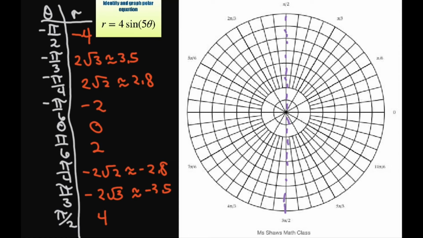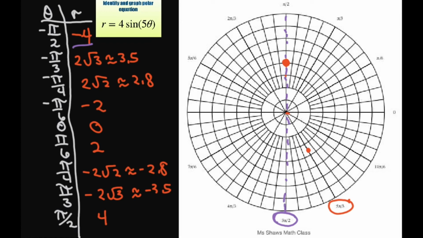So let's start from the very beginning at negative 4. At negative pi divided by 2, that's here, we're at negative 4. So we're going up 1, 2, 3, 4. There's that point. Now at negative pi divided by 3, this one, we're at 3.5, so you go out 3, 1, 2, 3.5 is right there.